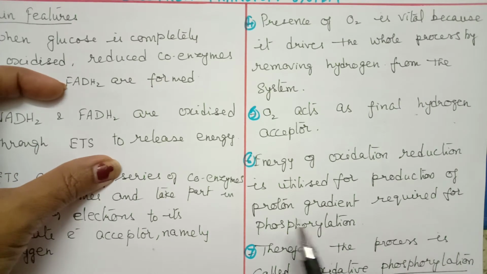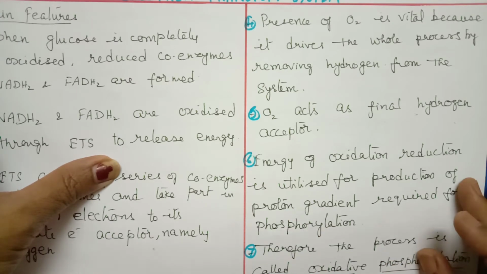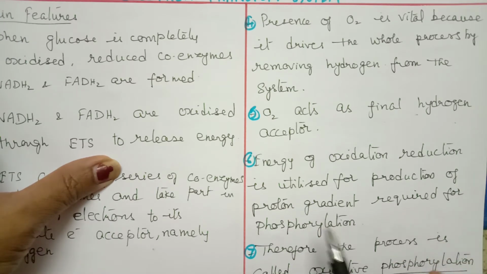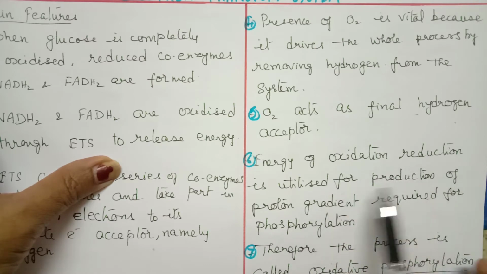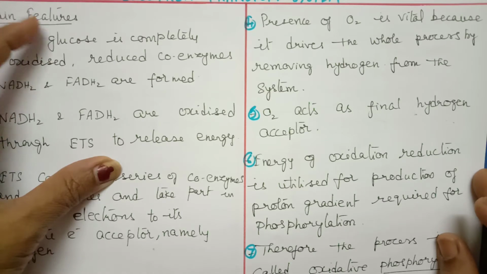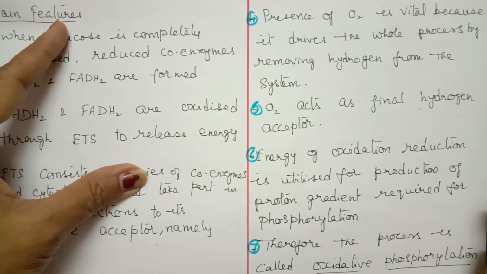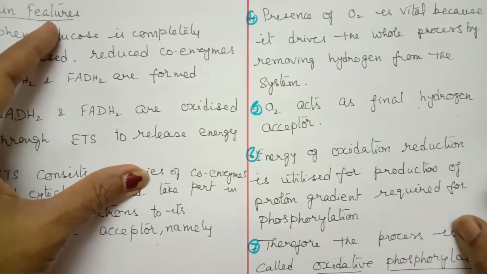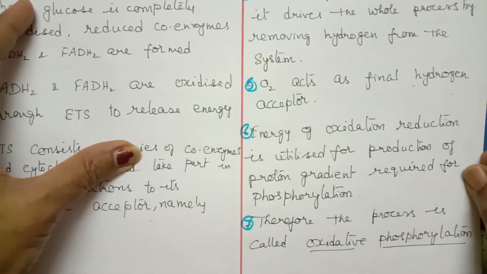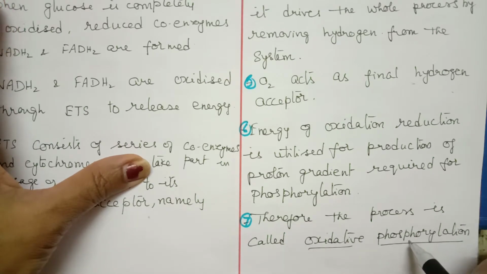So the proton gradient required for phosphorylation is due to the energy released during the oxidation and reduction process. That we will see again diagrammatically when we discuss it. Therefore, the entire process is called oxidative phosphorylation.